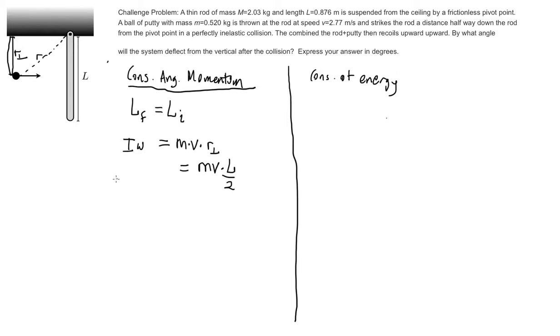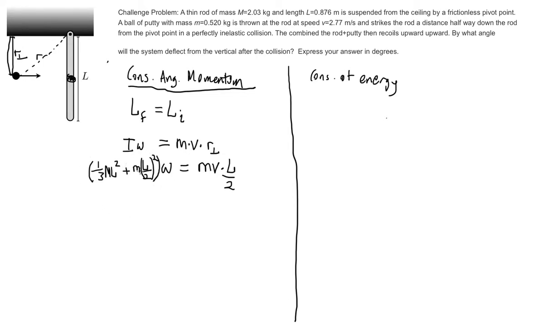The moment of inertia of this system after the collision, I don't know what the angular speed is, that's what we care about, is going to be the moment of inertia of this bar, which is 1/3 m L squared. But then there's also a moment of inertia from this blob of putty sticking to the bar over here. It sits at L over 2 from the origin, or that axle, so it contributes m times L over 2 squared.